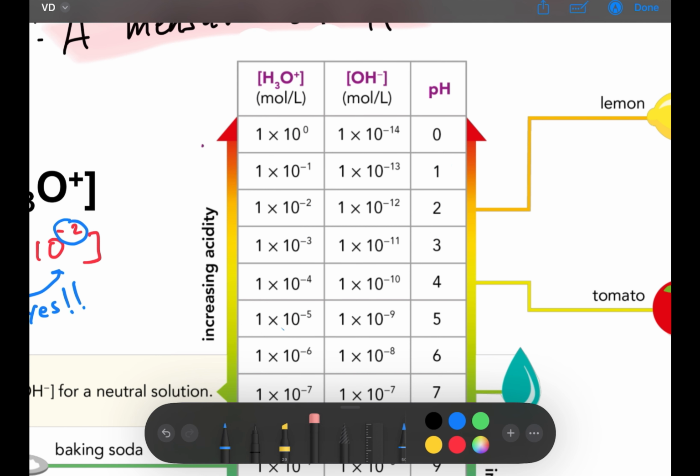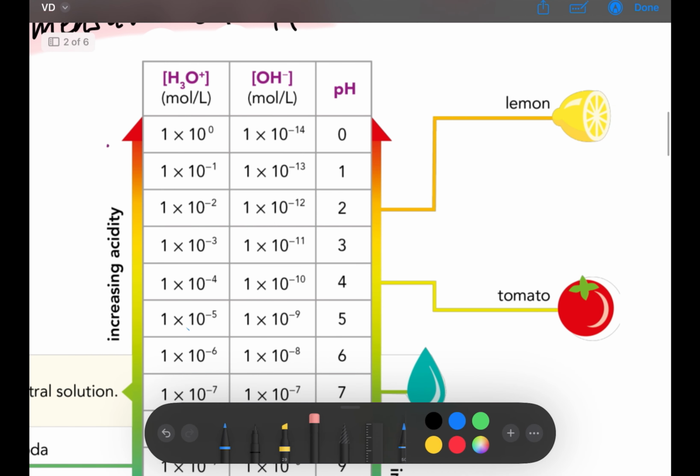Just keep in mind if you have, let's say, an acid. My question now, if you have a pH of 0 and a pH of, let's say, 4, which of these pHs represents a higher amount of H3O plus? For sure, you're going to say, since the pH here is 4, then it has higher concentration of H3O plus. But it's wrong.